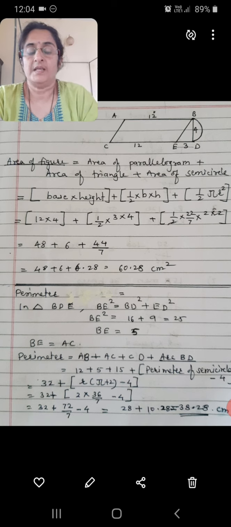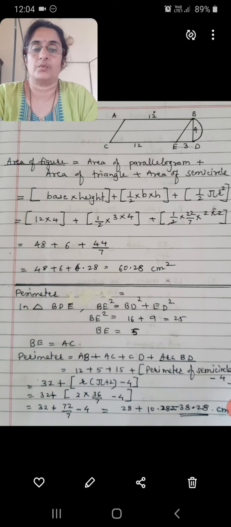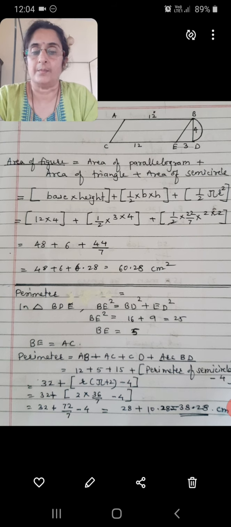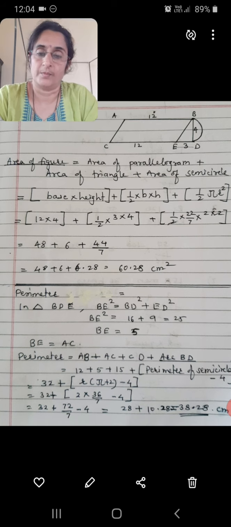So what is BD square? That is 16, plus ED square is 9. So 25. So BE is 5 centimeter. So BE and AC are the same because they are opposite sides of the parallelogram.